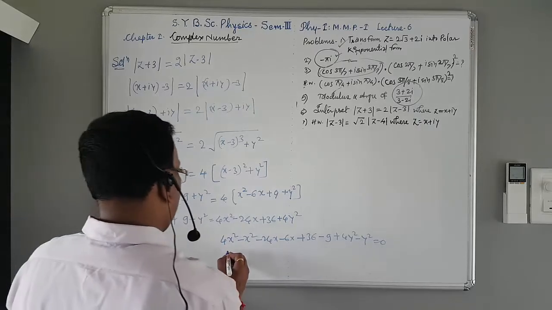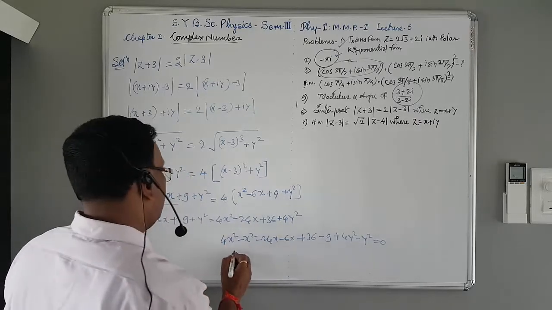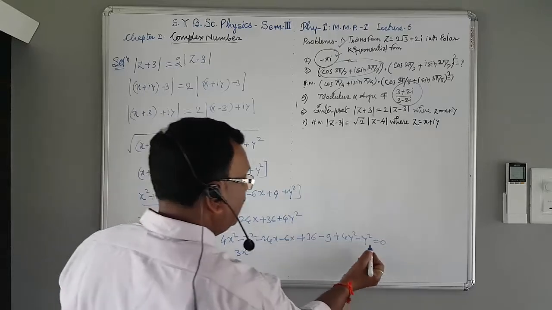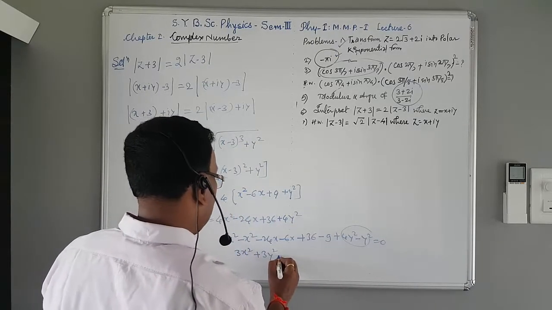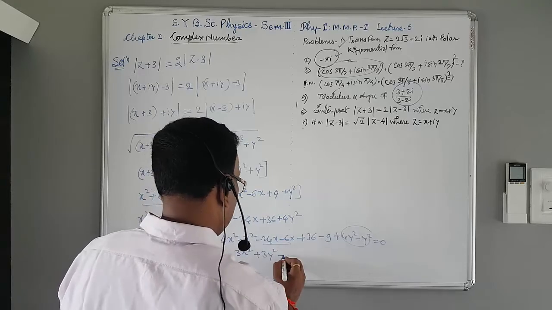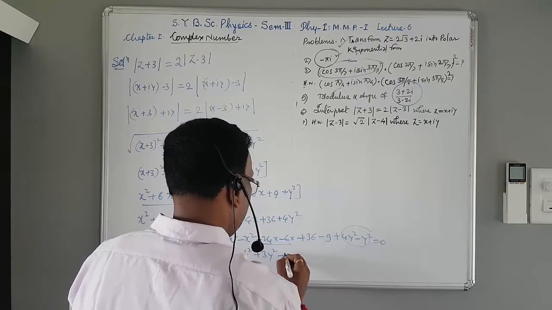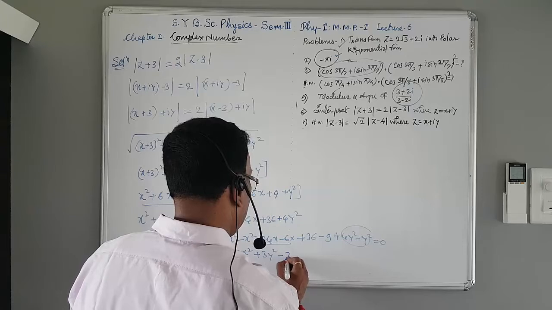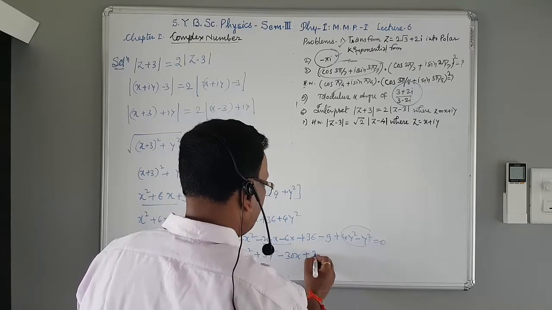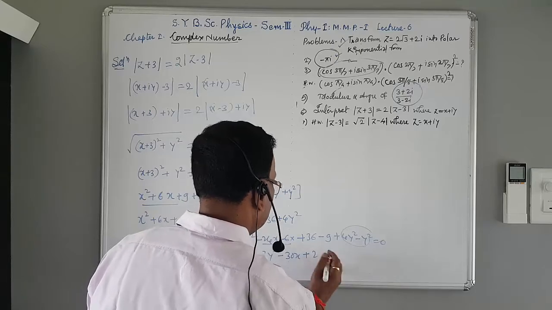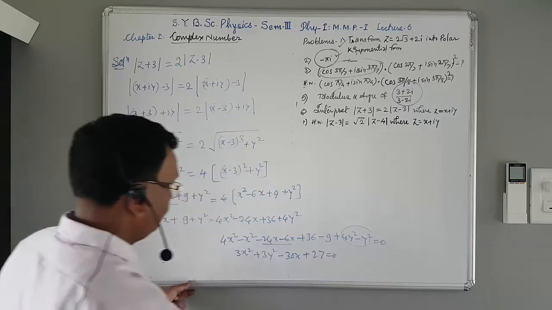Again simplify this term. We have 4x square minus x square, 3x square, again bring this term here plus 3y square minus 24 minus 6, minus 30x plus 36 minus 9, 27, this is equal to 0.